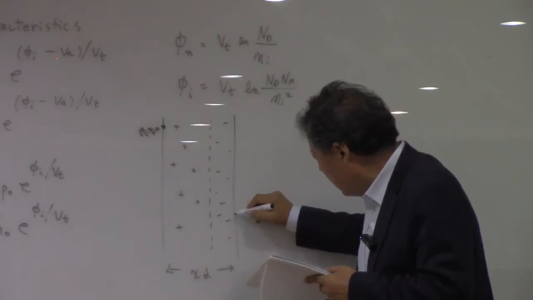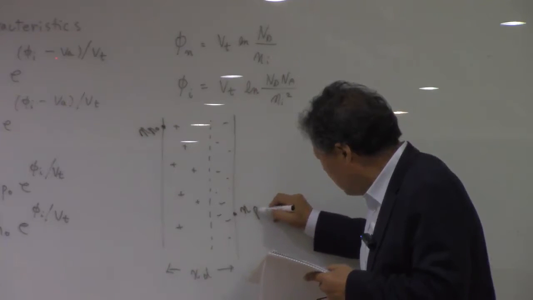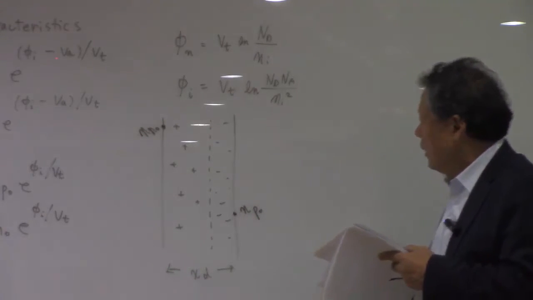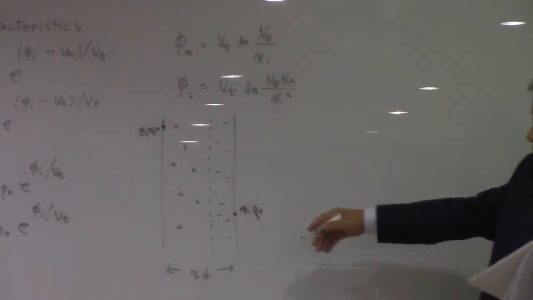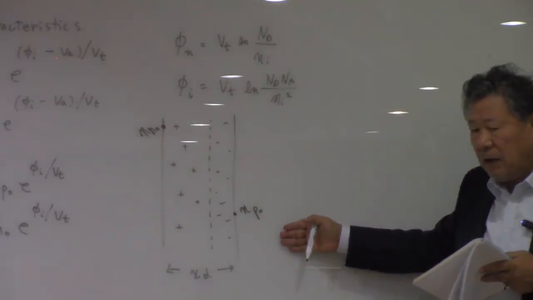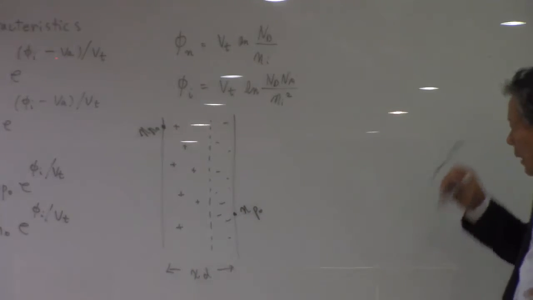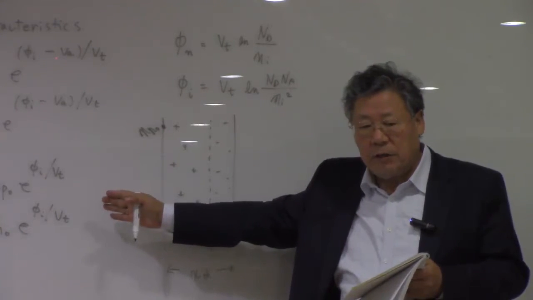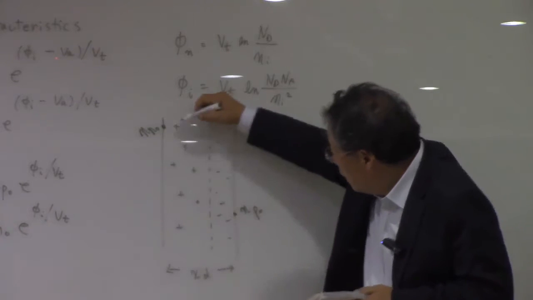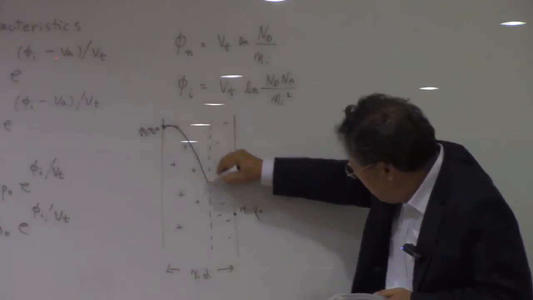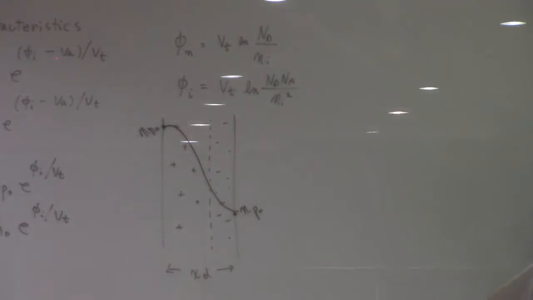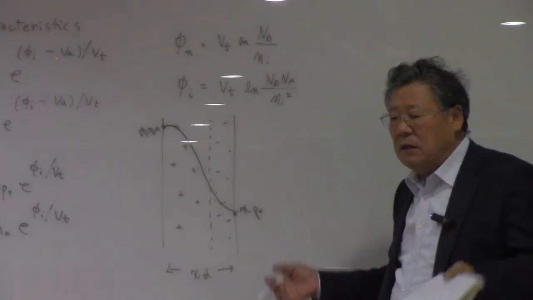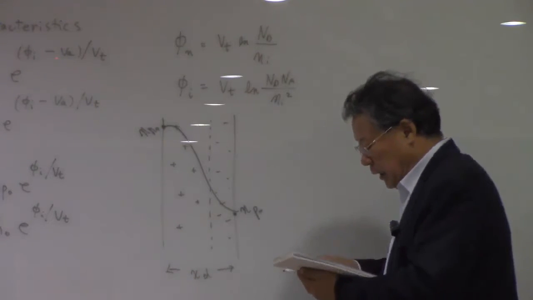And on the p side, the electron concentration is going to be somewhere around here, because it is a minority carrier in the p-type region, and it is the majority carrier in the n side. So the concentration changes something like this, and this change in concentration contributes to building the built-in potential.